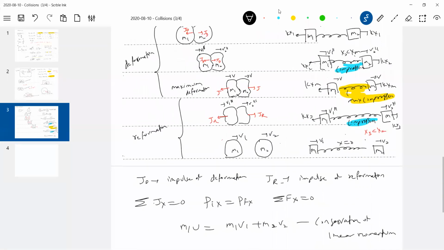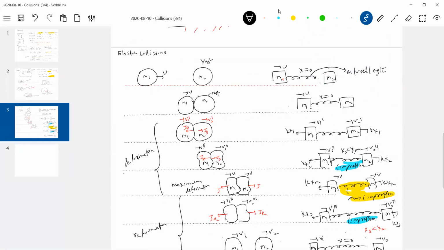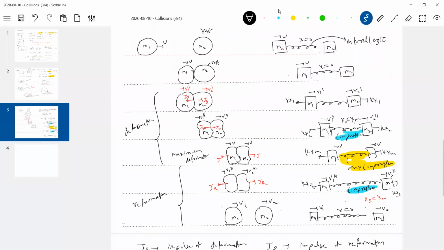Okay, now can we apply conservation of kinetic energy? Not total energy, conservation of kinetic energy. Yes, if it's an elastic collision. So what is an elastic collision? The bodies come, they collide, they'll undergo deformation, they'll attain maximum deformation. Again they will reform, so they'll retain shape.